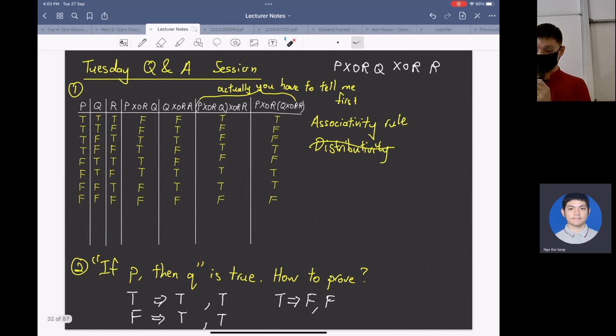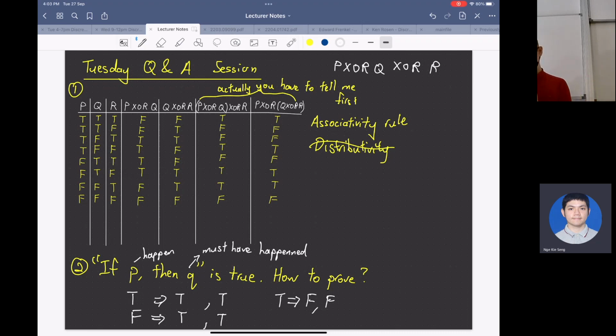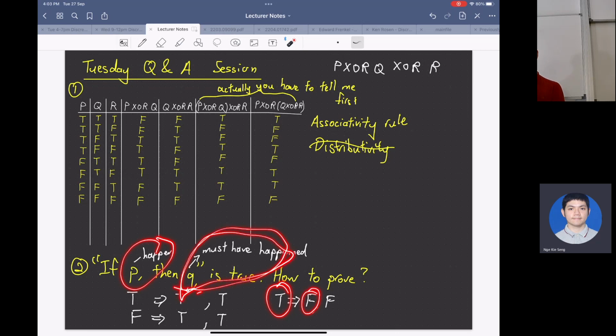For example, let's say I say that if P then Q. That means if I have P, then I must have Q. But if I have P, but Q is false, so I don't have Q, this statement doesn't work. This is what the false means here.